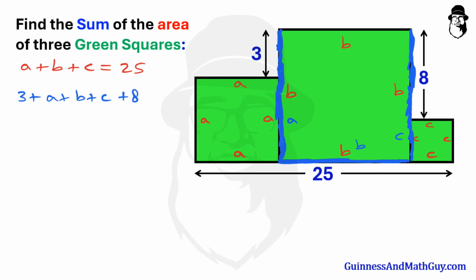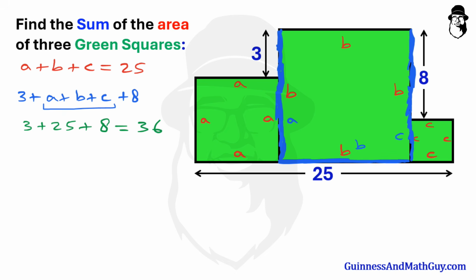That is three sides. And we know that this portion is equal to 25. So we can say it's 3 plus 25 plus 8, and 3 plus 25 plus 8 is 36.